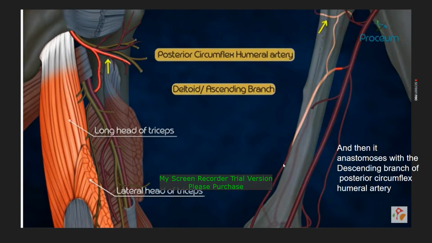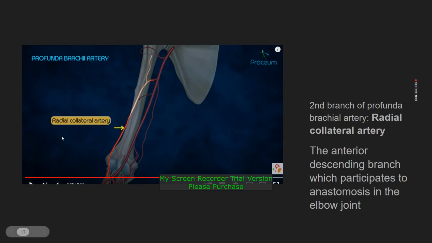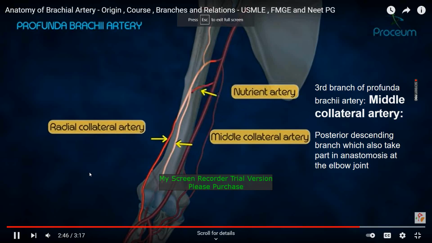And the other branch given by the profunda brachii artery, other than the deltoid ascending branch, is the radial collateral artery, which passes anterior to the lateral epicondyle and participates in the anastomosis at the elbow joint.